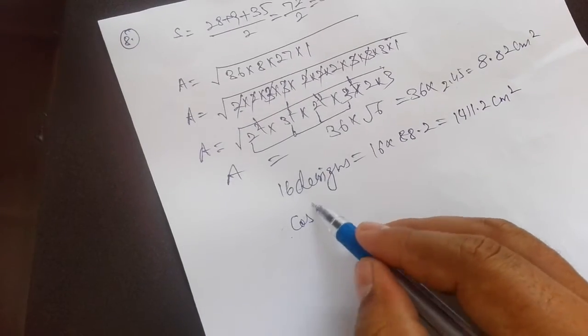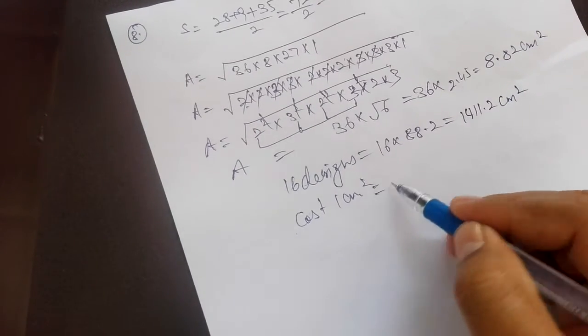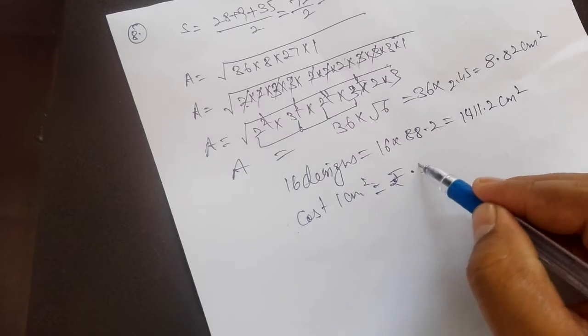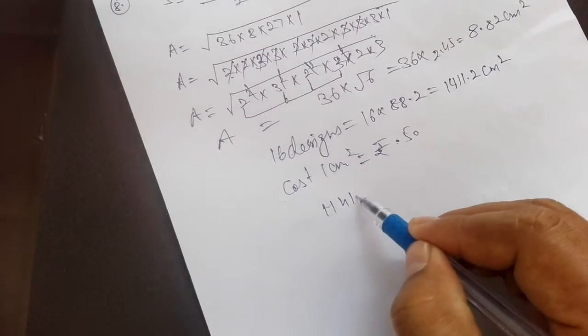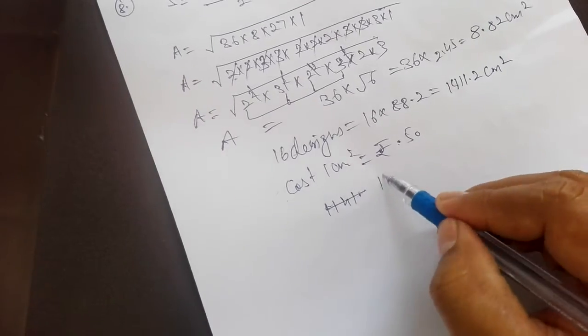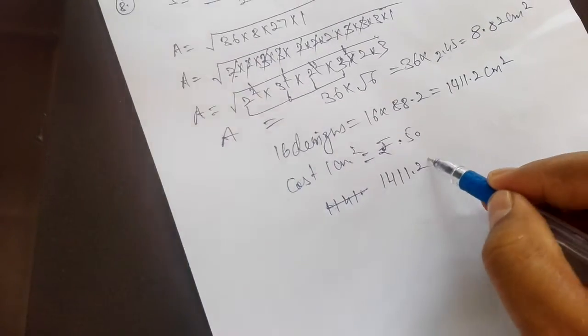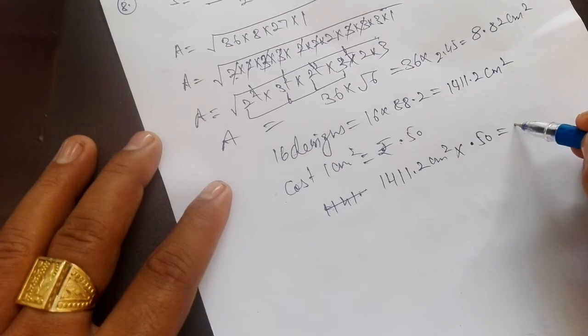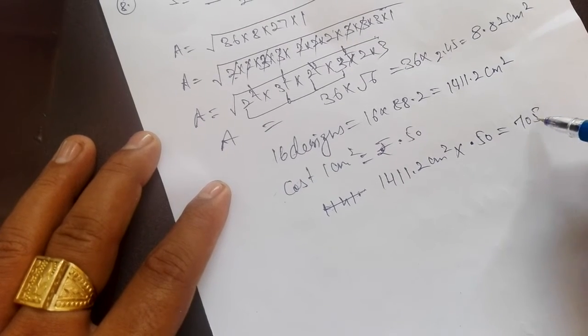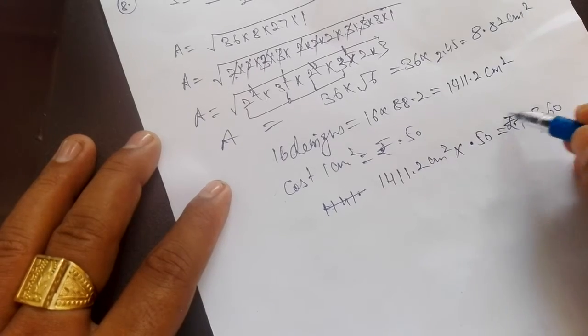Now the cost of 1 centimeter square is 50 paisa, that is rupees 0.50, and the 1411.2 centimeter square is multiplied by 0.50. This will be 705.6 rupees.